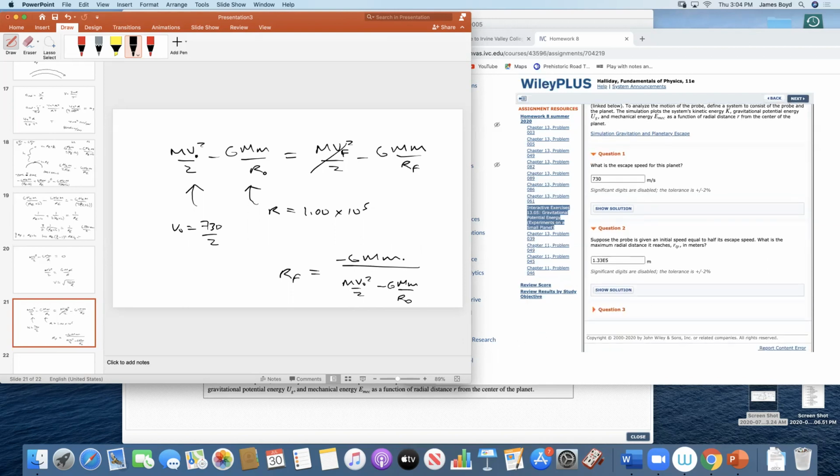Notice that the m's all cancel, so really you have this GM, right? Okay, and if I divide through by GM, what I really get is minus 1 over (v naught squared over 2GM minus 1 over r naught), okay? And this should end up being a positive number.